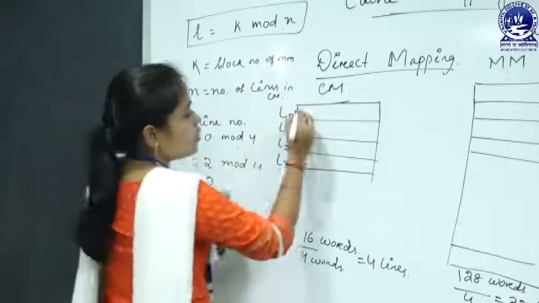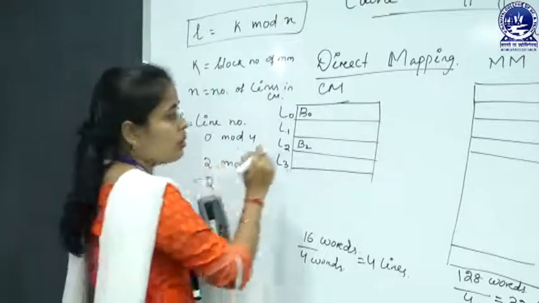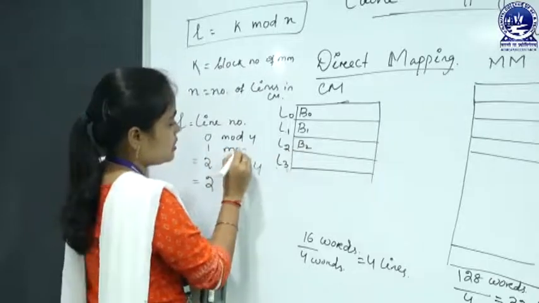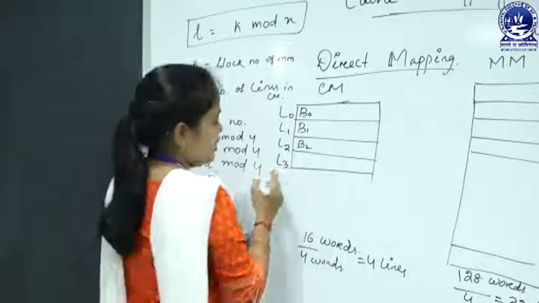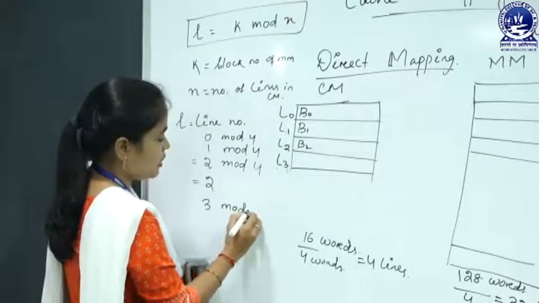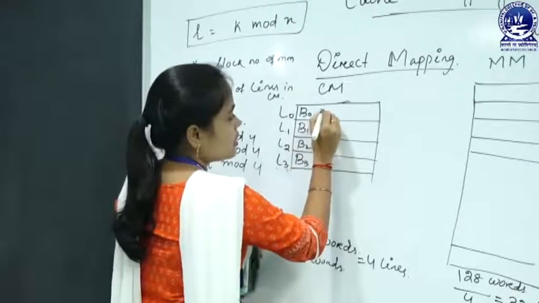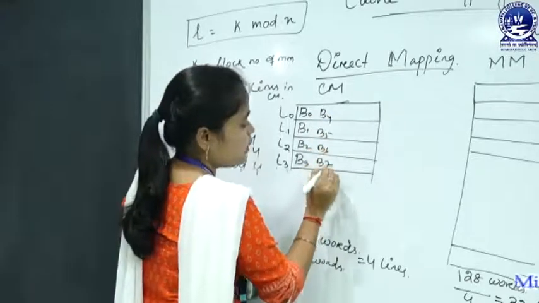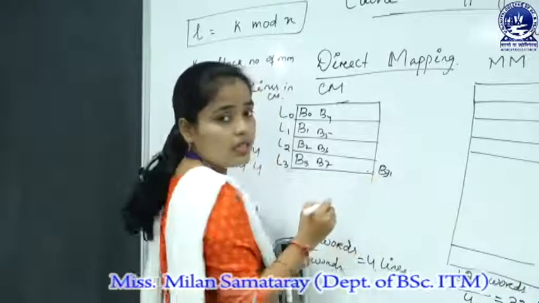So here is our B0 as the remainder is 0. Then here is our B1, you can get it from 1 mod 4. Then for block number 3, 3 mod 4, that means B3 is here. So like this, here are B4, B5, B6, B7, like this up to B31.